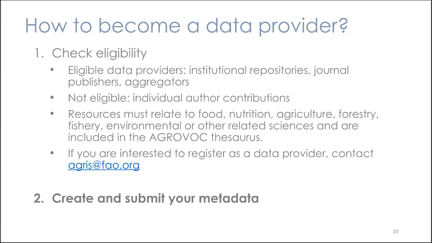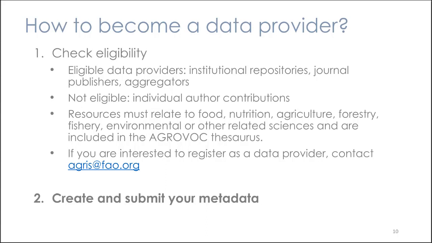So, how to become a data provider? The first thing is to check eligibility. What does that mean? It means that we only accept as data providers international repositories, journal publishers, and aggregators, and we do not accept individual author contributions. This is an important point.